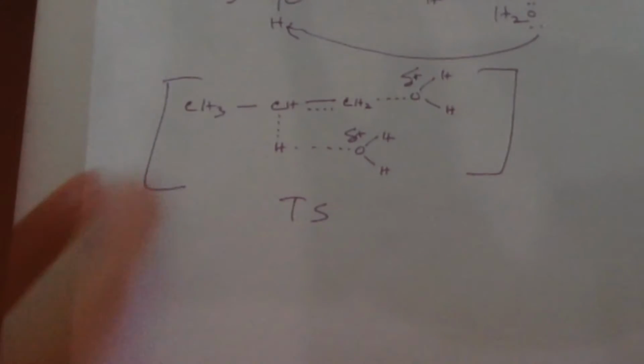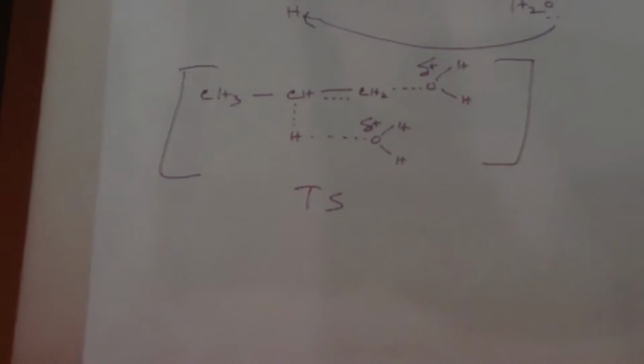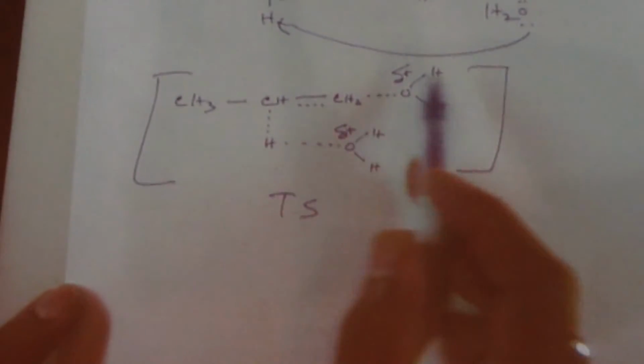Okay, and so this would be the transition state of this reaction, in which, as you can see, this bond is forming, this bond is breaking with the carbon hydrogen, this new bond is forming, making this a double bond, and then the bond between the carbon and oxygen here is breaking. This becomes a water molecule that's eliminated.